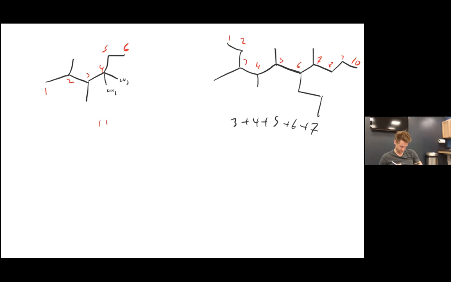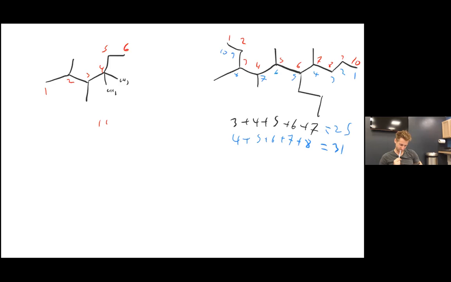If we go the other direction, 1, 2, 3, 4, 5, 6, 7, 8, 9, 10, we'd have 4 plus 5 plus 6 plus 7 plus 8. That should be a bigger number. So this is 10, 20. This is 25. This one is 12, 12, 24. This is about 31 if I did the math right.